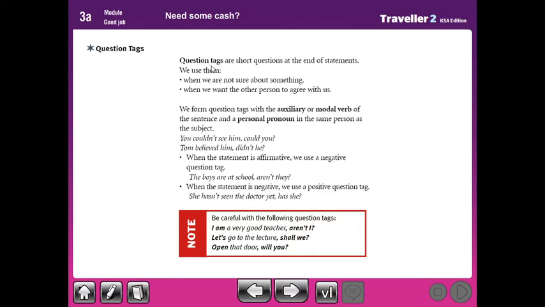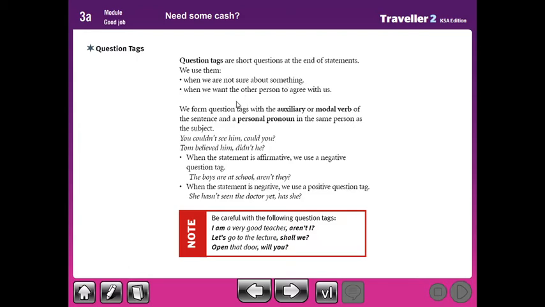Question tags are short questions at the end of a statement. We use them when we are not sure about something, or when we want the other person to agree with us. That's the main use of question tags.